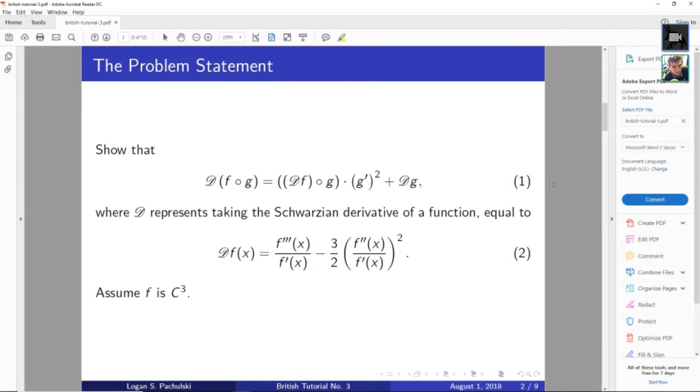Okay, so if I've told you that the Schwarzian of f, which is script df, is negative for every single input, can you tell me what the sign of the right-hand side of equation 1 is going to be then?